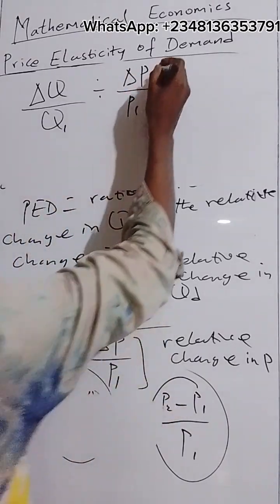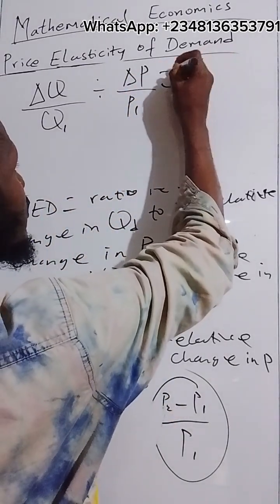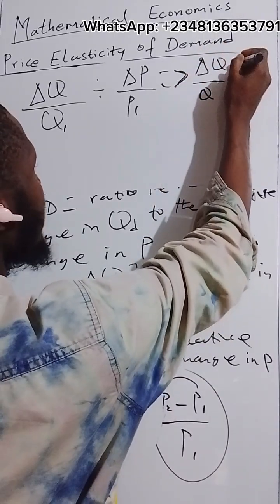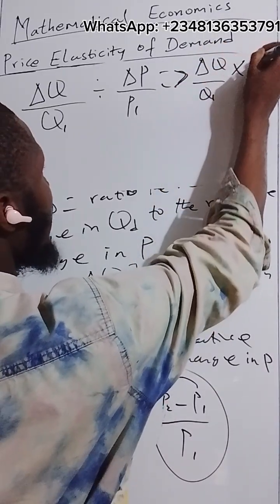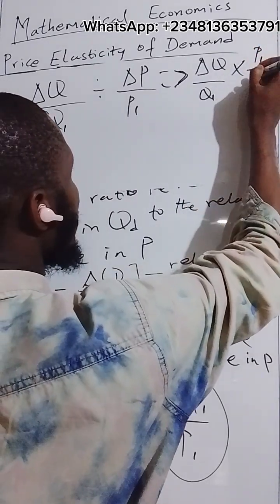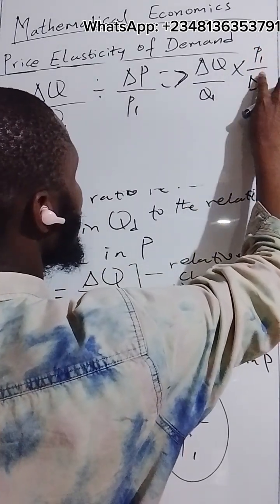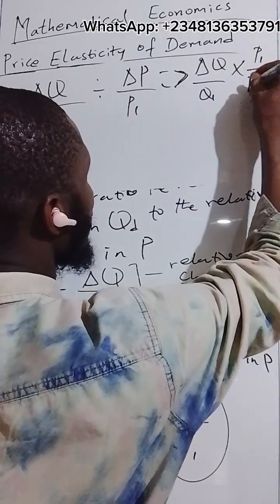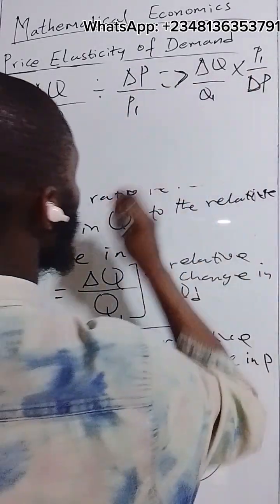So I can write this as change in Q over Q, then Q1 multiplied by P1 over change in P. Okay, so this is equivalent to this.